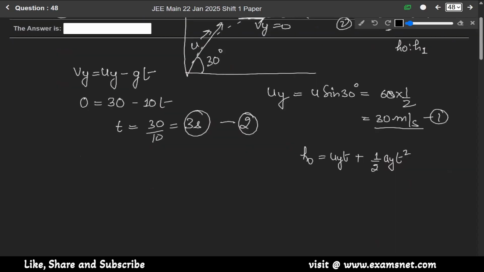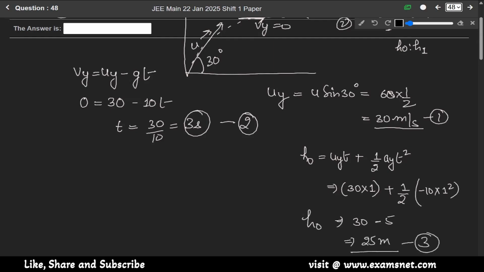So it will be uy 30 into t at first second 1 plus half ay minus of 10 into 1 square. Okay, so h naught will be equals to 30 minus of 5. So it will be 25 meter. In the first second, the height will be 25 meter.